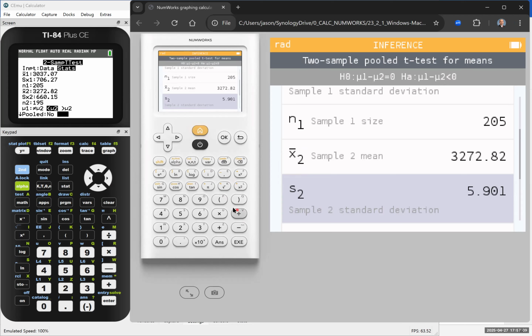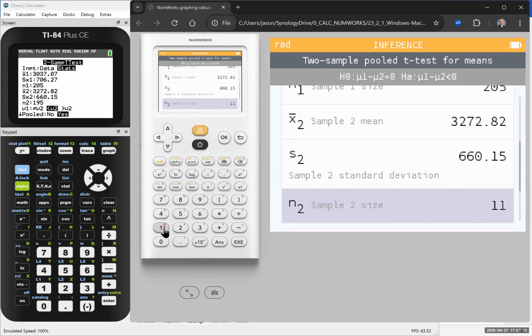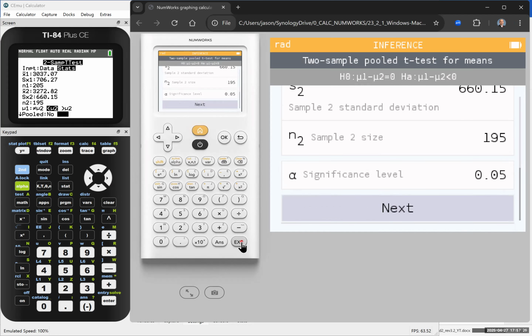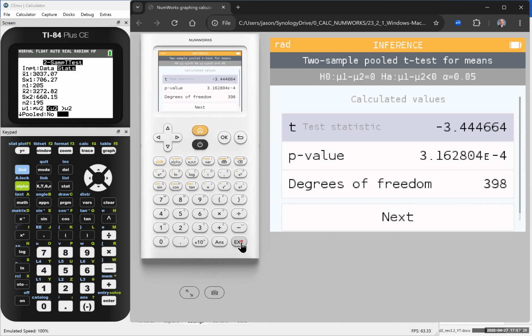The sample standard deviation for boys is 660.15 with a sample size of 195 and a significance level of 0.05. Okay, next. All right, so there's our test statistic, our p-value, and we do need to write down degrees of freedom. So we have 398.